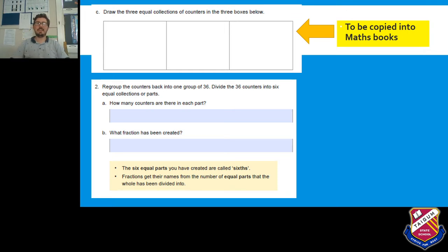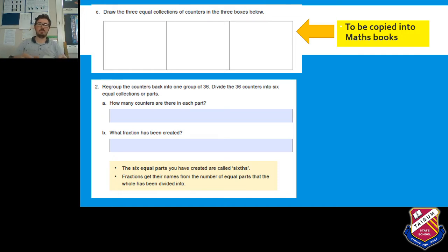The answer is 6, vinculum 36, or 6 over 36. So the 6 equal parts you have created are what we call sixths. I find sixths hard to say. Fractions get their names from the number of equal parts that the whole has been divided into.